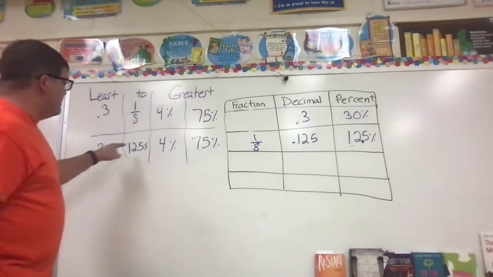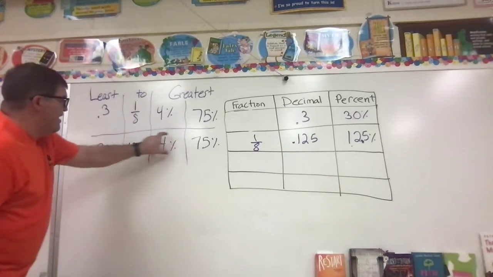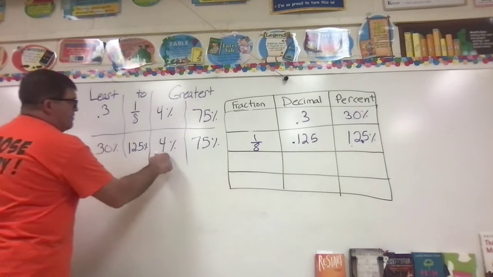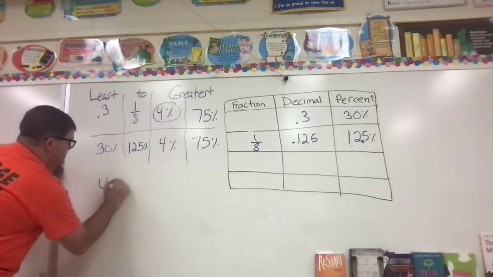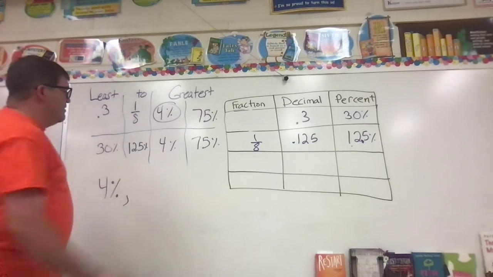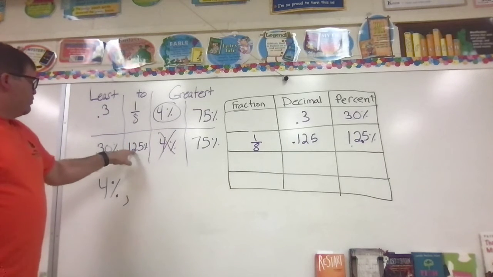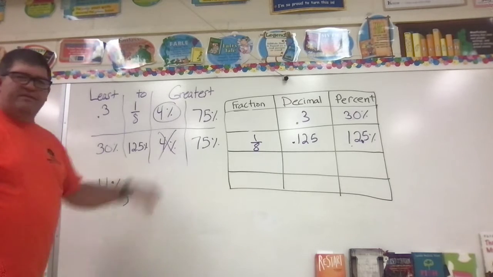So I have 30%, 12.5%, 4%, 75%. These I can compare. Which is the smallest of these? 4%. Then I go to the original. So I put 4% down here, comma, I want to get a little bigger. I'm done with that one. 12% is a little bigger, not quite to 30 and not to 75.